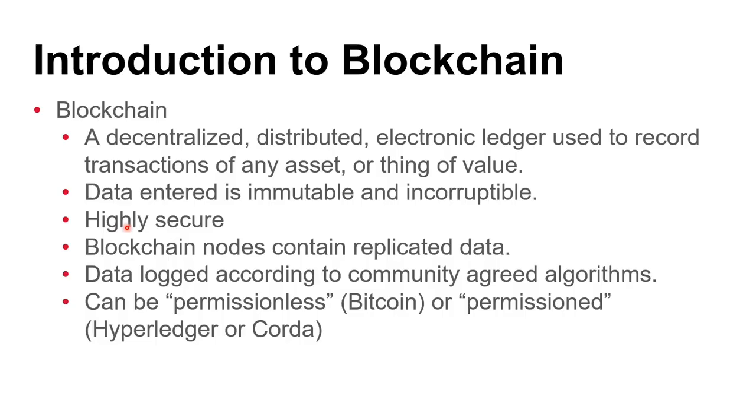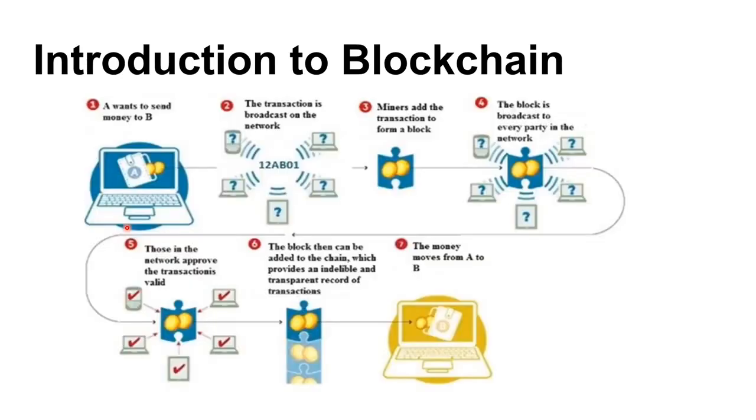And it can be permissionless or what we call permissioned. So on Bitcoin, everybody has the same access. Everybody can view a transaction. Everybody can execute a transaction. There are blockchains that run what we call permissioned models, where we actually have roles and we have permissions to execute transactions. And we'll talk about that later.